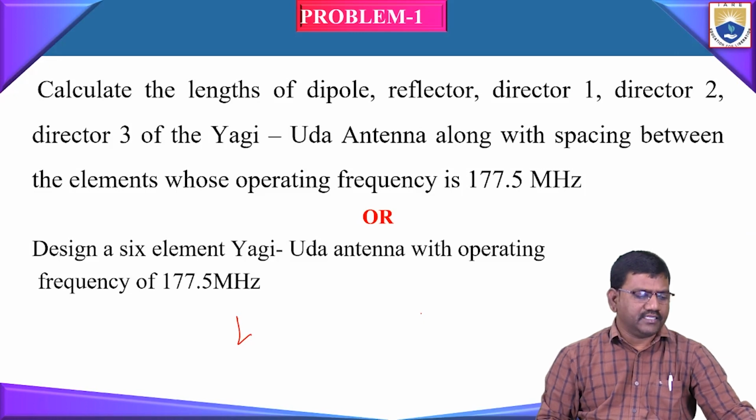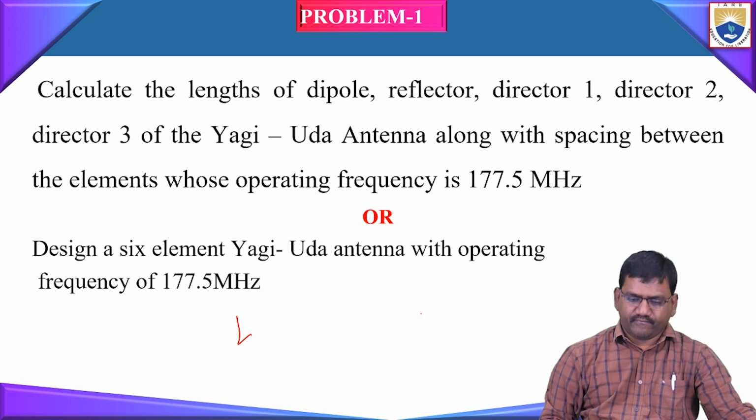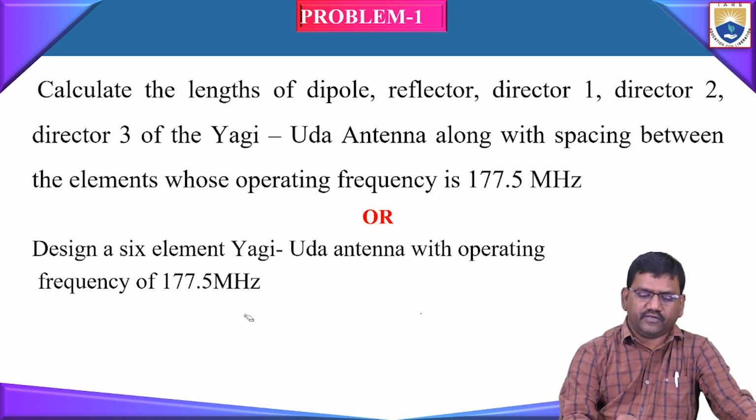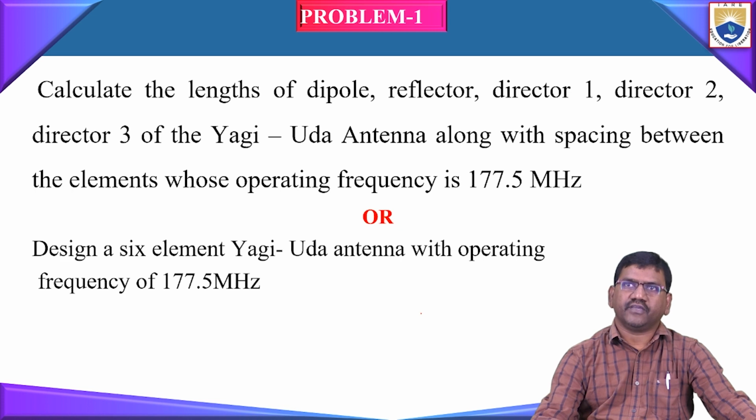Now let us calculate the length of the dipole. The first problem is given as: calculate the length of the dipole, the reflector, the director 1, the director 2, the director 3 of a YAGI UDA antenna with spacing between the elements, whose operating frequency is 177.5 MHz.